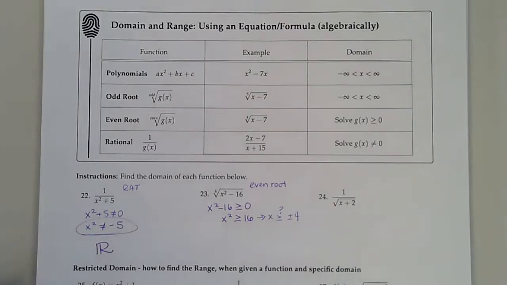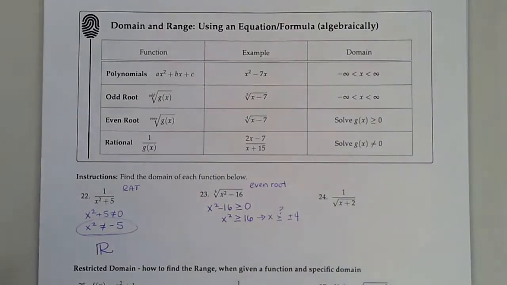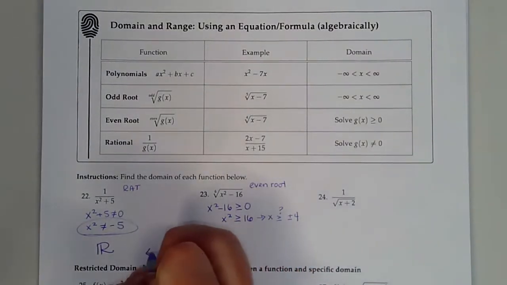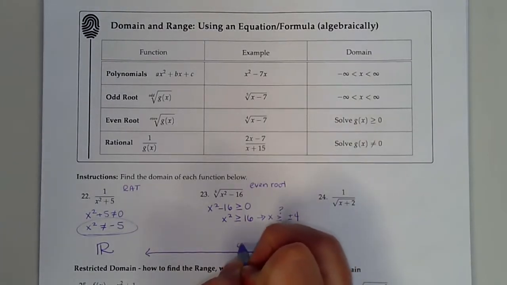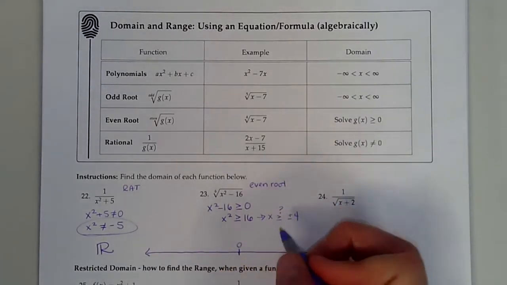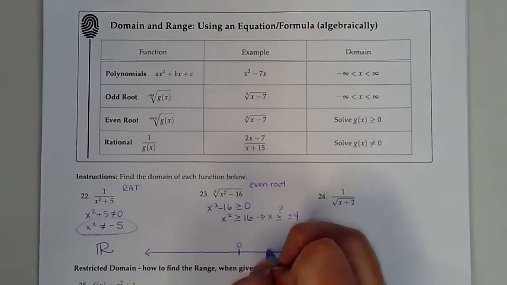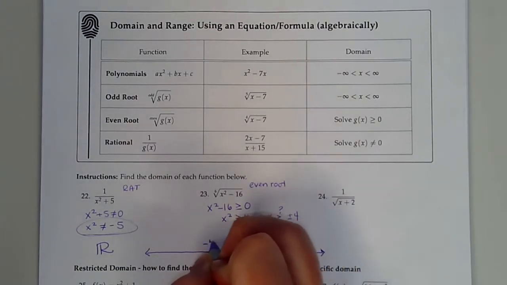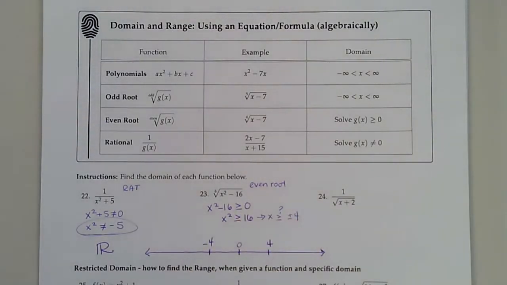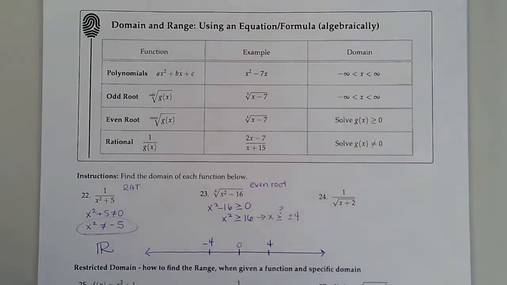Let's draw a number line so we can work our way through and figure out exactly what's going on. The numbers of interest here are the plus or minus 4 that we would get out of solving this, so let's put those on here. Then we're going to look at some test values within these intervals to get some intuition.